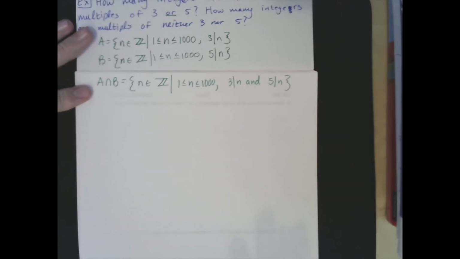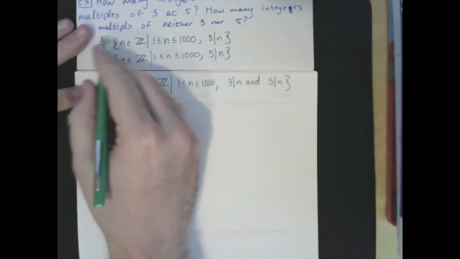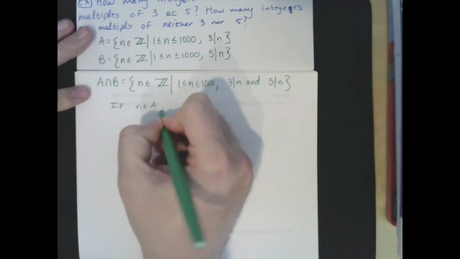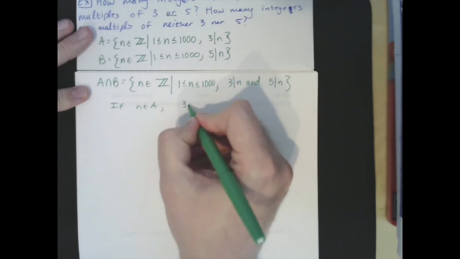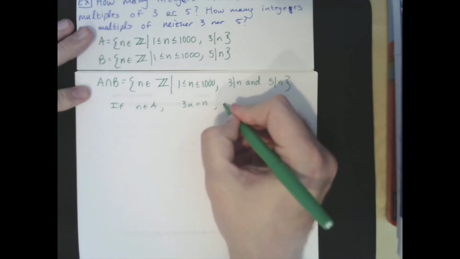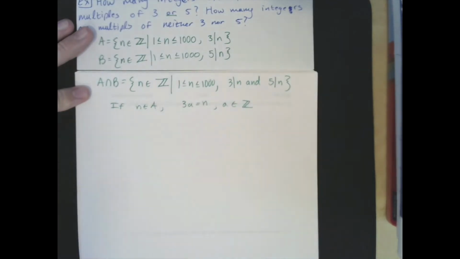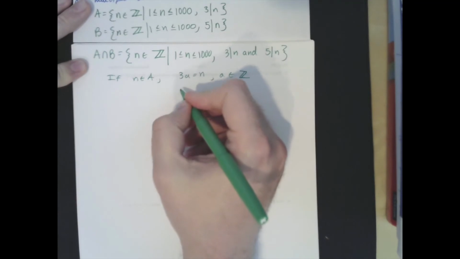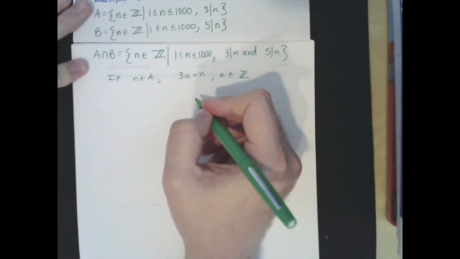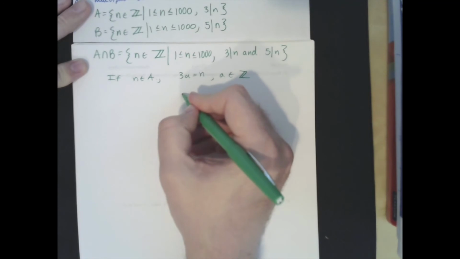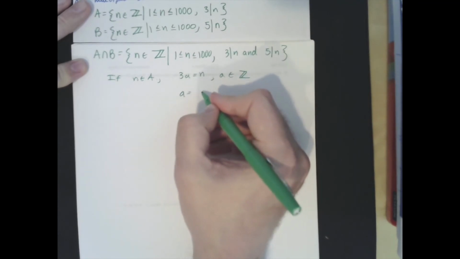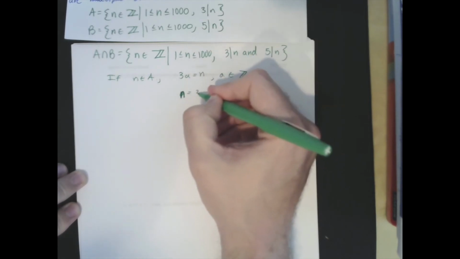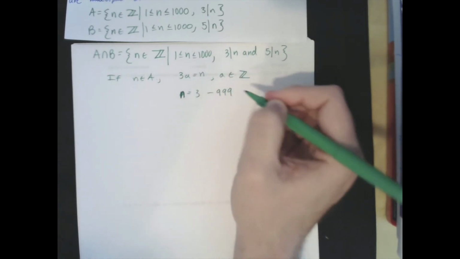So we can look at what happens to our set A. If n is in A, that means that 3 divides n, so we can say 3a equals n for a in Z. And so n equals 3 all the way up to 999.